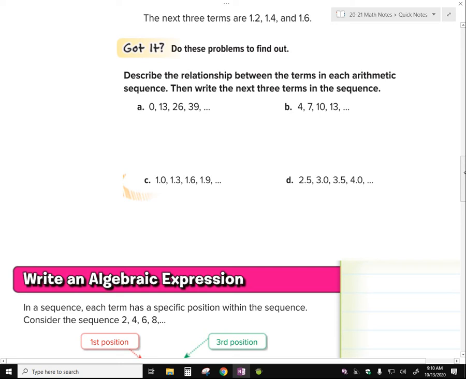It did. Describe the relationship in terms of each arithmetic sequence. Then write the next three terms in the sequence. So, this is just like your homework. What's happening to the terms, Caden? Yep. So this is how you'd write your homework answers. Add 13 to the previous term.